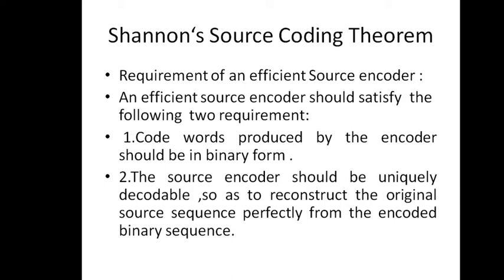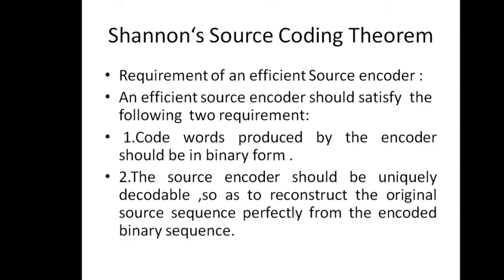And second, the source encoder should be uniquely decodable, so as to reconstruct the original source sequence perfectly from the encoded binary sequence. So the first requirement is that the code produced by the source encoder should be in binary form, meaning 0s and 1s.